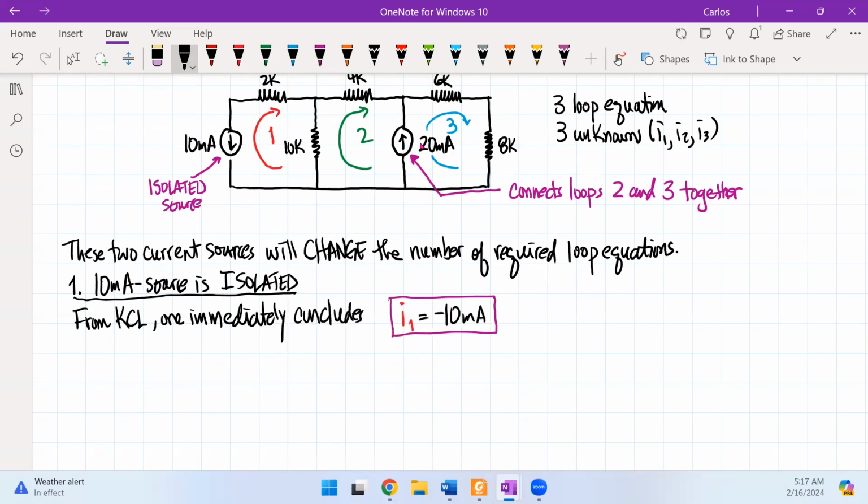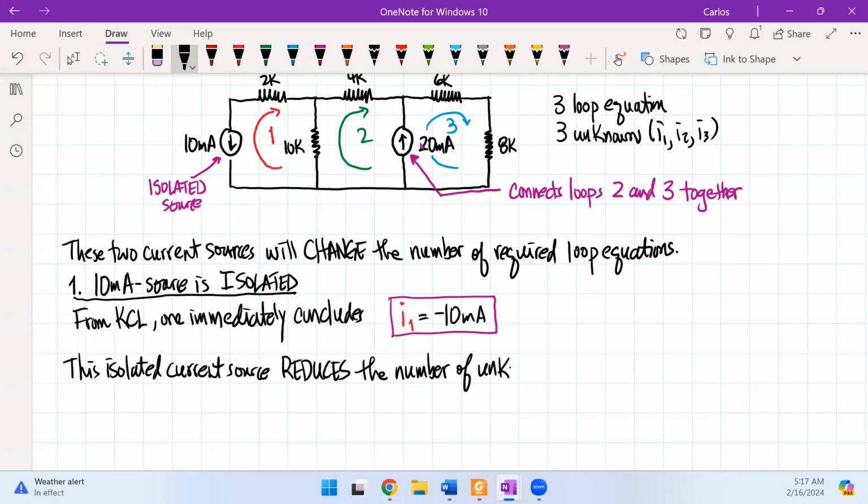So this isolated current source reduces the number of unknown loop currents. If we continue with our numbers, I started off with 3 loops.